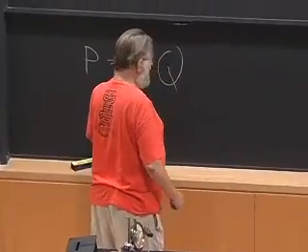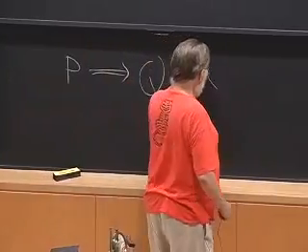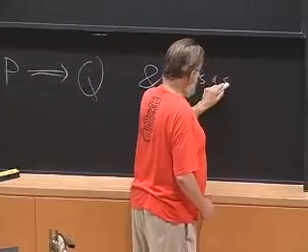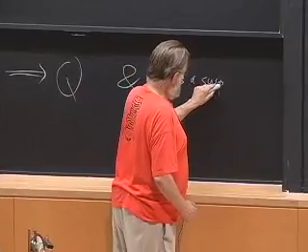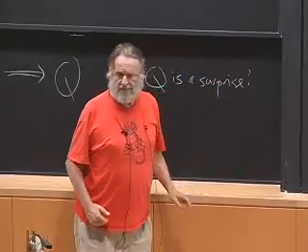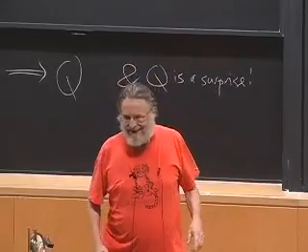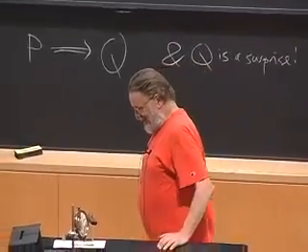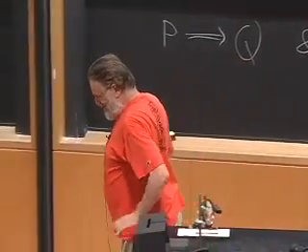Let's suppose that P implies Q, and Q is a surprise. Well, the concept of being a surprise is not usually part of formal logic. But it really is a surprise.